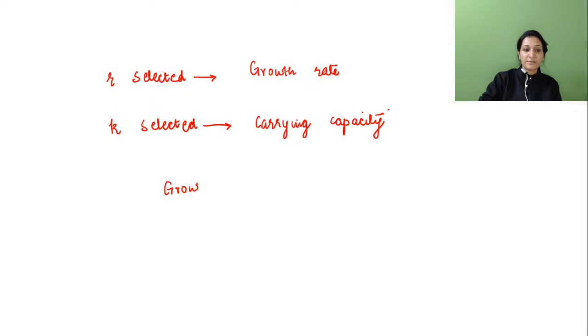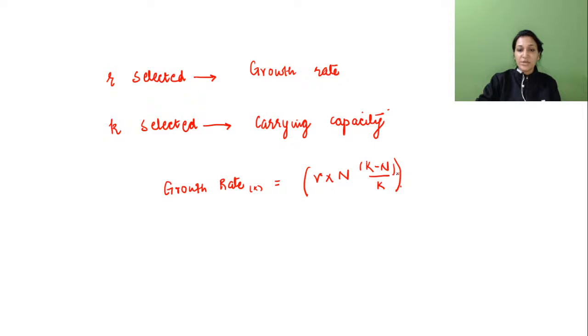So growth rate in terms of carrying capacity, we get a new formula, that is r, rise in population, into n, number of individuals in that population, into (K minus N) upon K. So this is the new formula that we get after studying all this. So this is all calculation, the mathematical part we have seen.